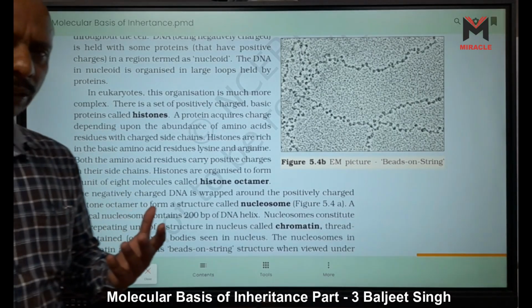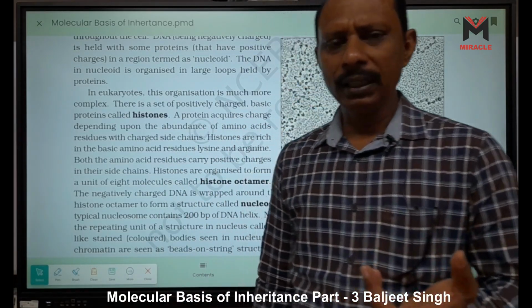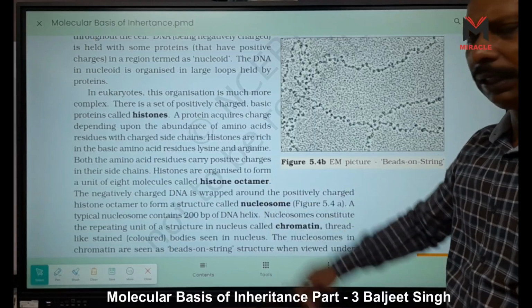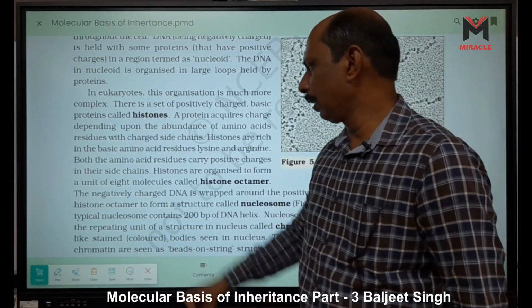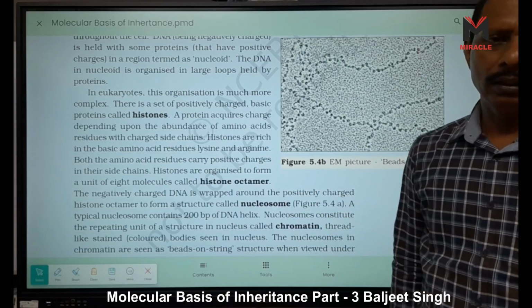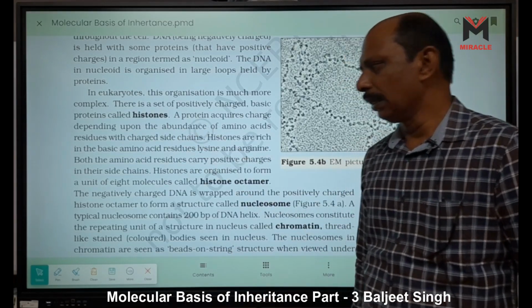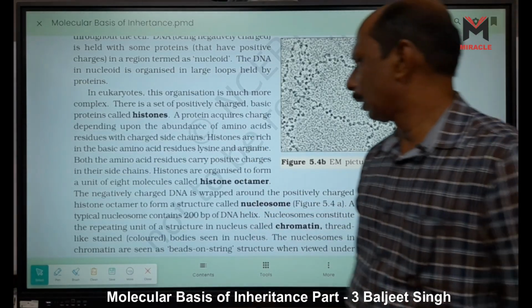We already discussed this in biomolecules, right? So, two acidic and three basic. Basic means lysine, arginine and histidine, right? In histone protein, lysine and arginine are present in larger numbers. That's why this protein is basic. This protein is positively charged and basic, right?